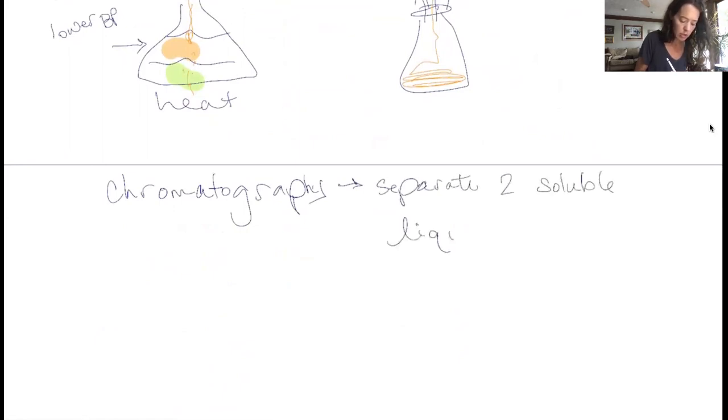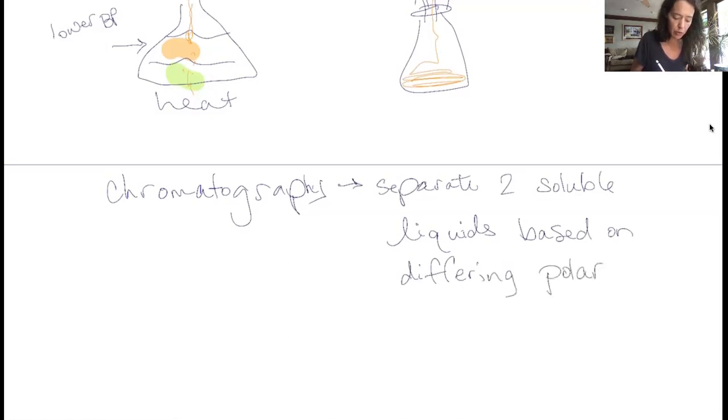That means liquids that are mixed together. They have been mixed together. And let's say they have similar boiling points, so we can't distill them, and we would separate them based on their polarities. And those polarities, once again, would need to be different. So I'm going to write their differing polarities.